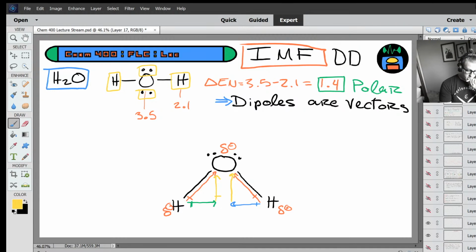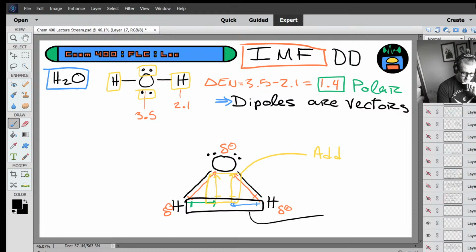Now, when you look at this vector breakdown, the yellow vectors are pointing in the same direction, so they add together. Whereas the blue and the green are pointing in opposite directions, so they subtract from each other.